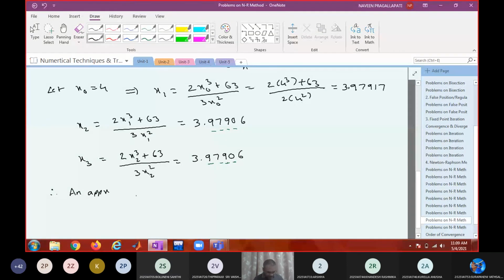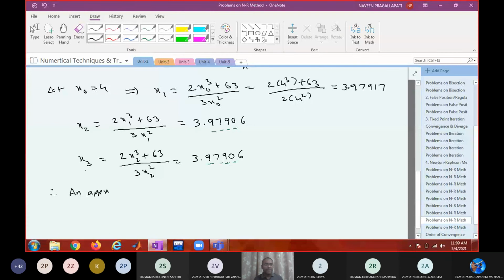As I said, the fifth decimal is 5, the sixth decimal is 7. When you take more decimals, up to 4 it is guaranteed, because the fifth one is a rounded decimal value.